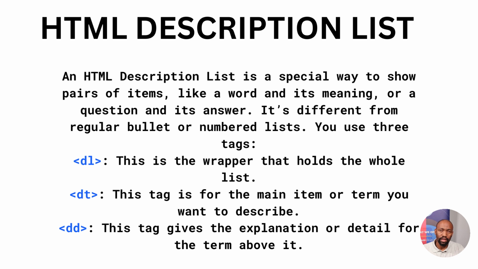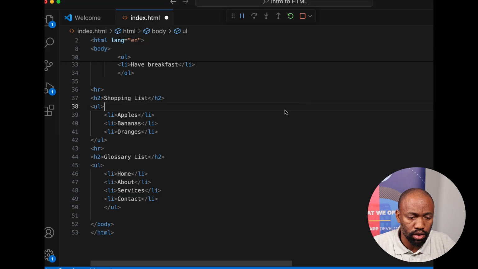The opening and closing DL tags would contain our description list, and inside that you would get your DT tag, which would be text that you are explaining in the following line, and that will be followed by the DD tag, which then explains what that abbreviation or that grocery stands for.